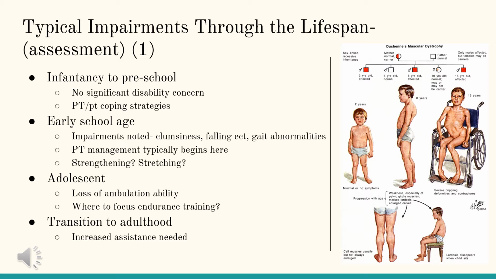As the child's diagnosis progresses more, they become unable to walk, and we will need to assist in things like wheelchair fitting and education on proper positioning, along with prevention of contractures with increased upper extremity endurance training. Lastly, as the diagnosis reaches their terminal stages, we need to focus on more compensatory strategies to help improve this patient's quality of life.